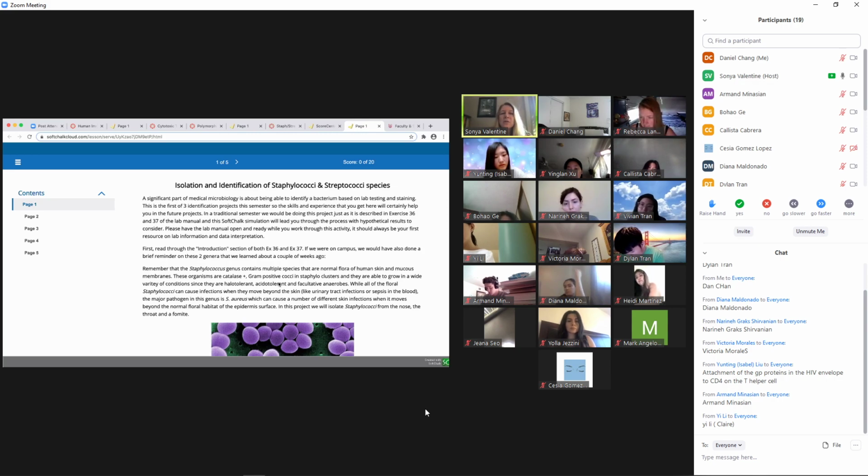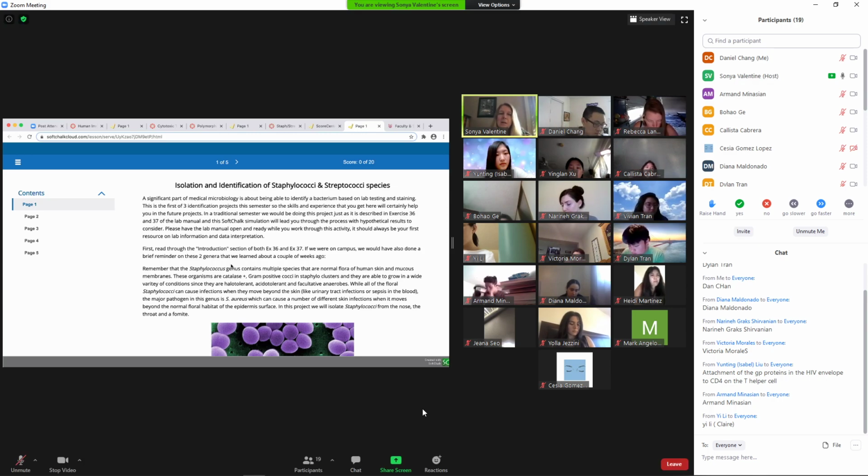And using the results in this test, you could use the table in the lab manual to identify a specific organism. So for the exam, I'm not going to ask you to identify a specific organism based on these results, but what I'm going to be looking for is that you understand what the tests are testing and what the results mean.